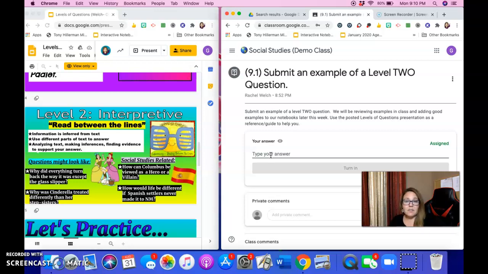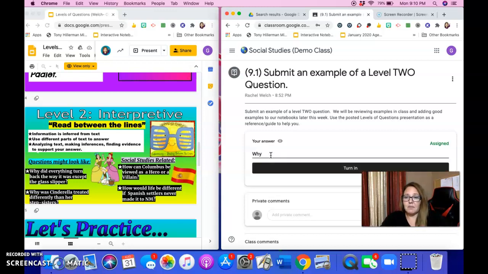As long as it's level 2 and it's appropriate for the classroom, it doesn't really matter what you type here. Okay, so you would type your question here, and I'm just going to use one of mine from my presentation. You need to type a different question.